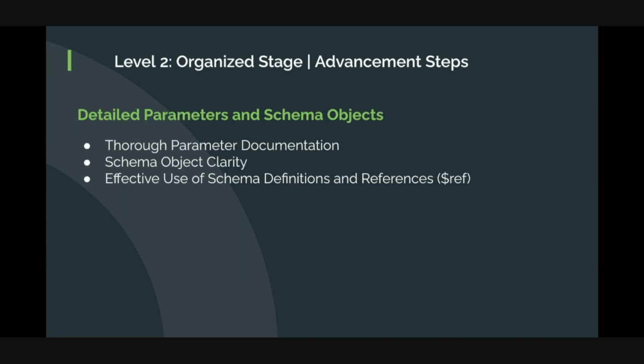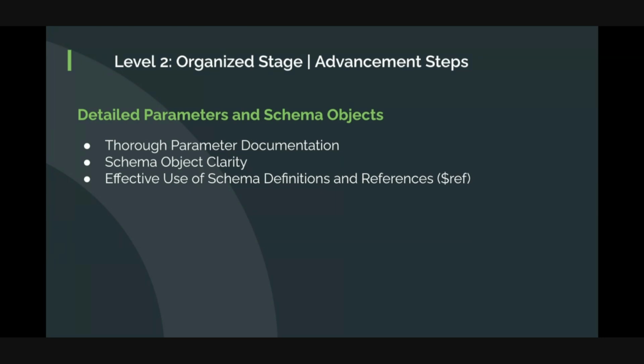And for every parameter, specify its name, type, location, because it's query, path, or header, whether it is required, and a clear description. Provide detailed descriptions for each schema object, including its purpose, data types of its properties, and any constraints or validation rules.